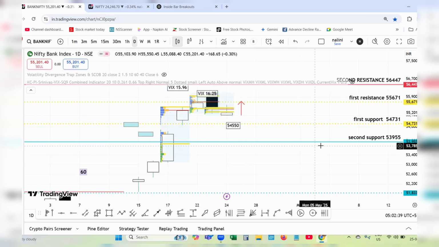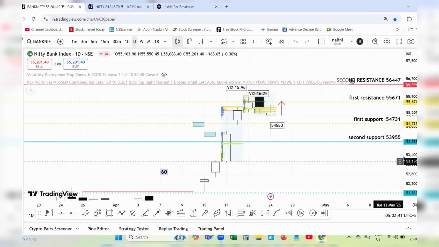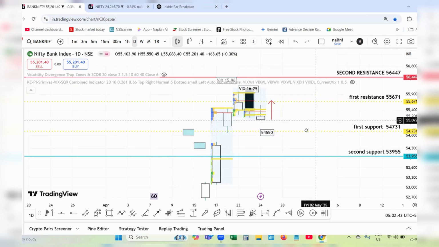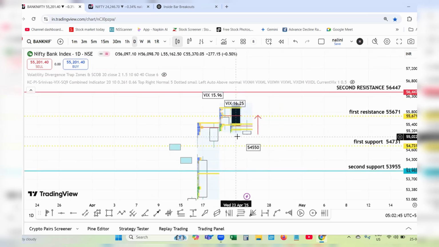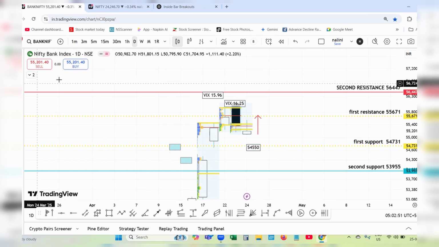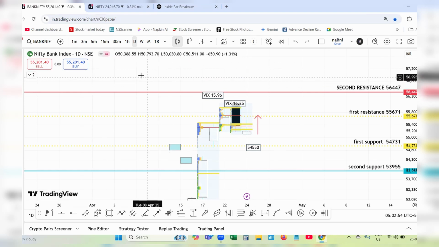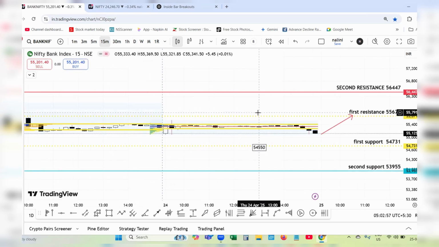It can gap up. I've enabled the volume profile to see the concentration of the volume, the point of control. So even Bank Nifty, like Nifty, can start gapping up above this value area.